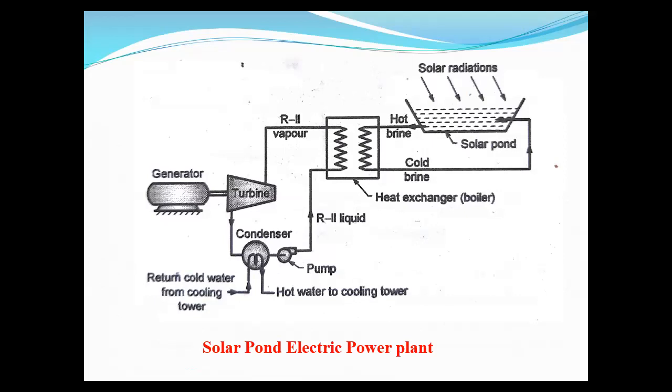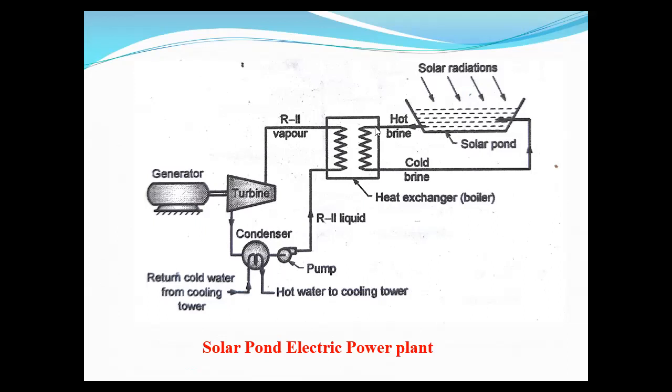Another low temperature solar thermal power plant is the solar pond. In this case, we have a pond in which we have brine water, and solar radiation falling on the brine water gets it heated. The boiling point of the brine water increases, so the temperature increases, and the brine water also evaporates less. So heat is stored in the water and the water gets heated.